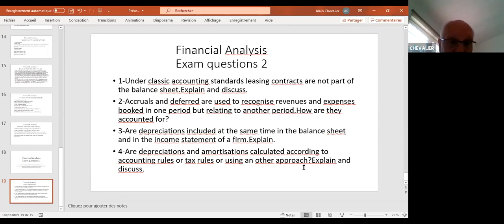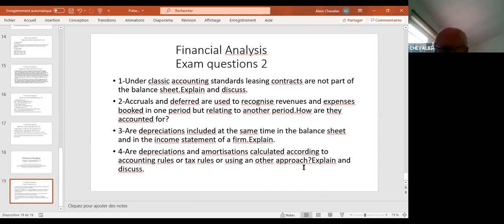Second, we have new rules, but they are a bit complex because you have 2 cases, operational lease and financial lease. And more, they have to be applied without any choice in some countries, while in some others you have a choice between the old rules and the new rules. So instead of bringing more homogeneity, it brought more heterogeneity.